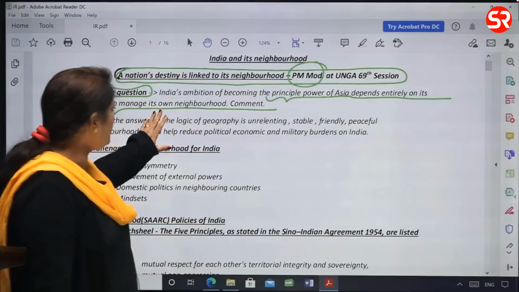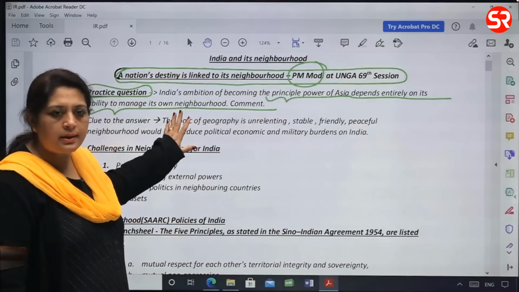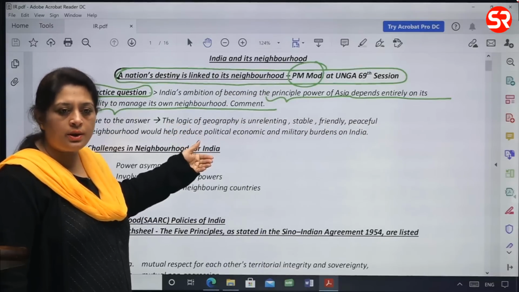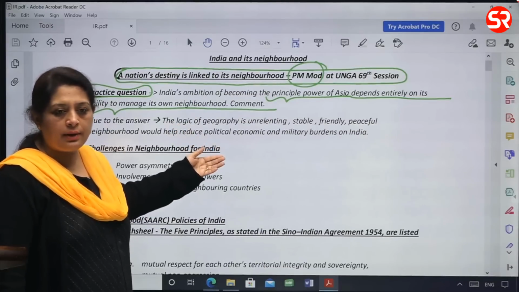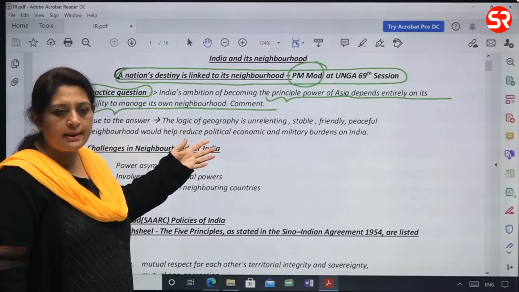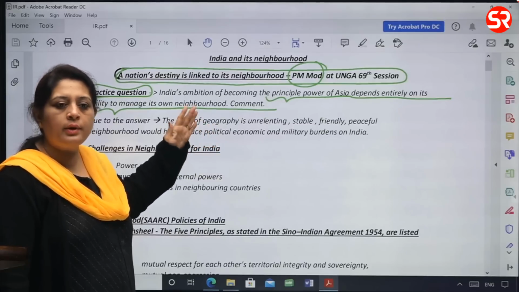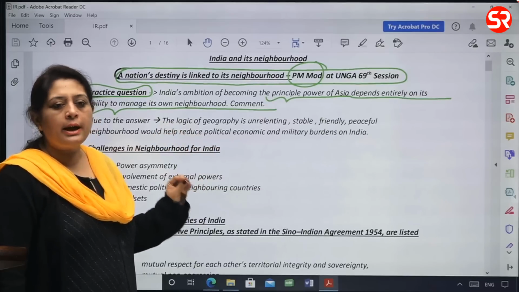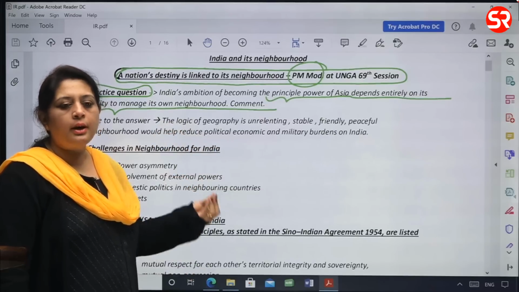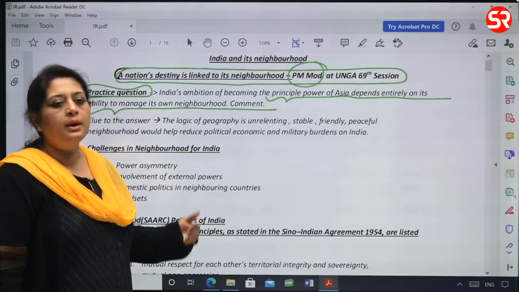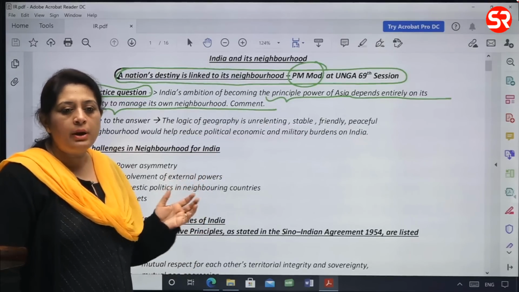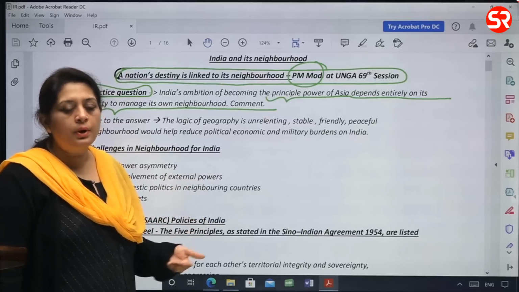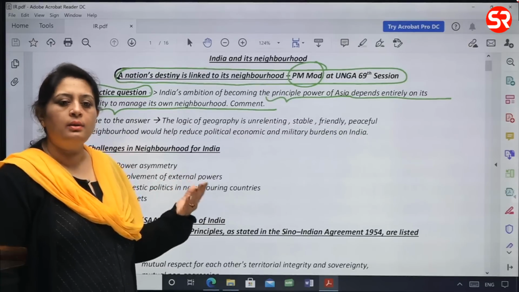So, you will start this answer that India has a long-term ambition to get the rightful place in the Committee of Nations, and this ambition cannot be fulfilled until and unless India is able to establish its leadership in the region itself.